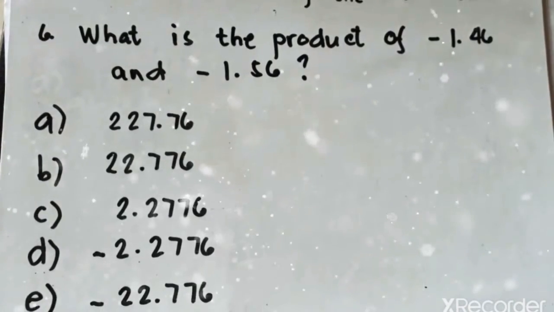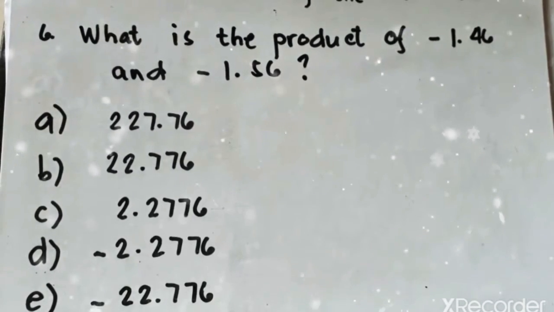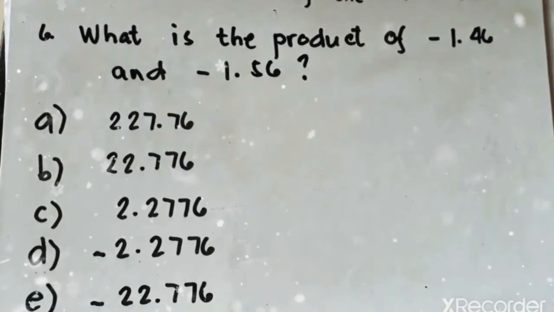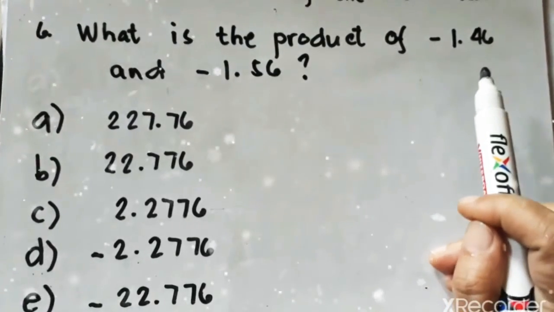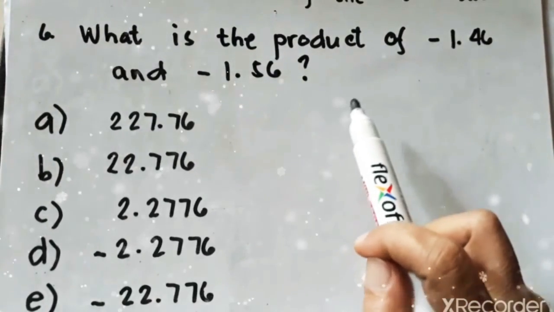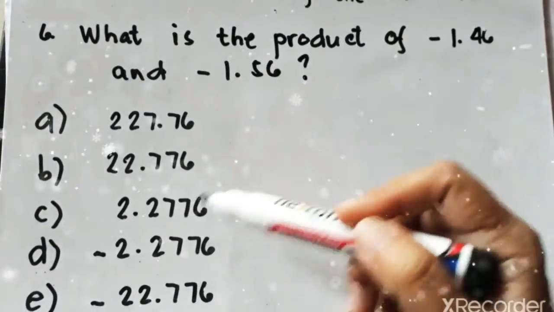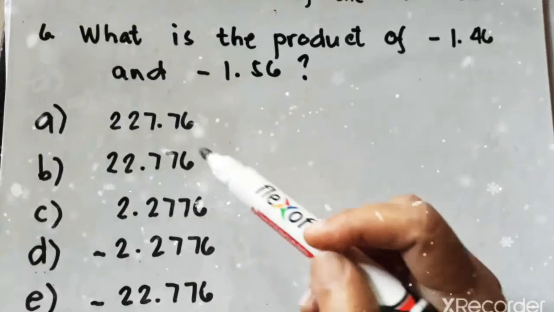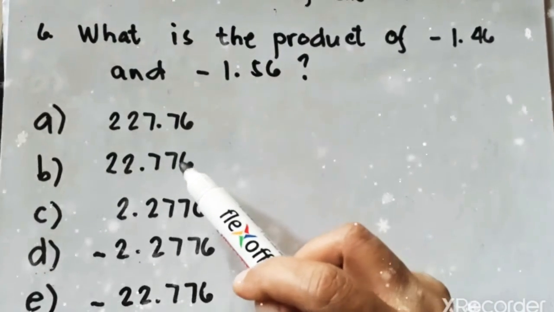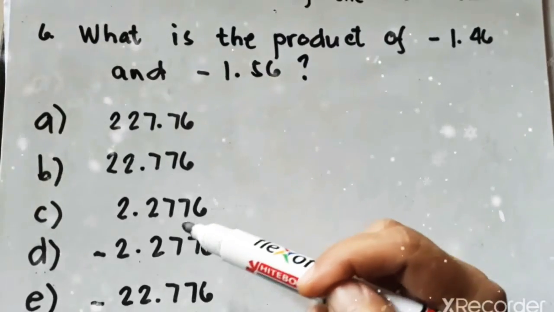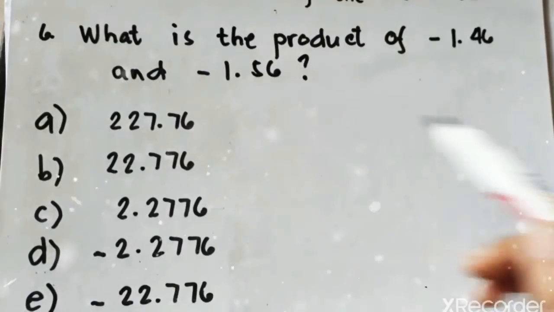Hello, we are on number 6 of our compiled set questions for UPCAT, ASSET, DUST, and SASE. So, what is the product of negative 1.46 and negative 1.56? Okay, we have our choices here. If you notice, they have the same number of digits, the same sequence, but they differ in signs and decimal places.